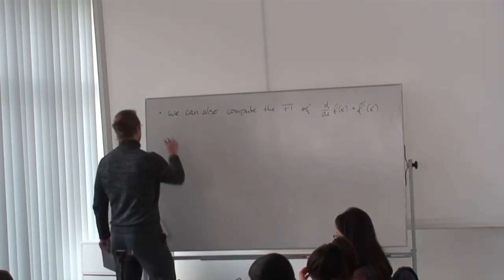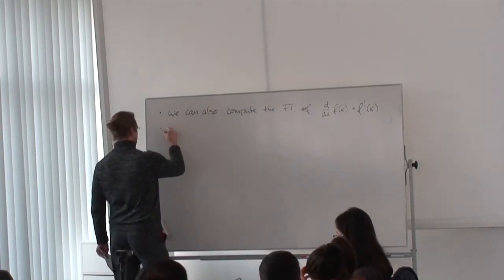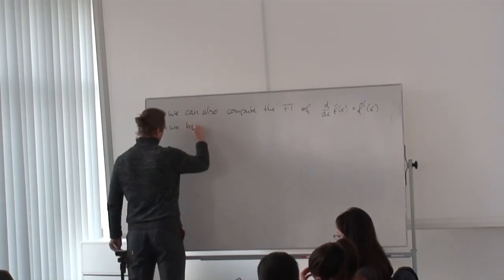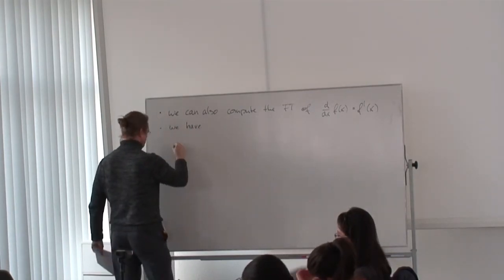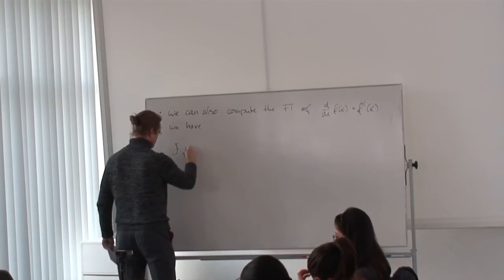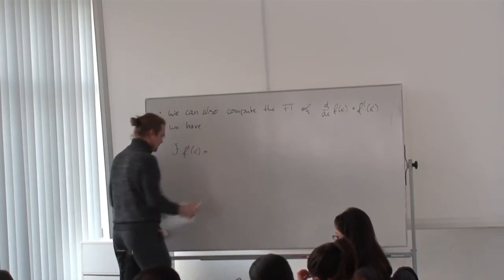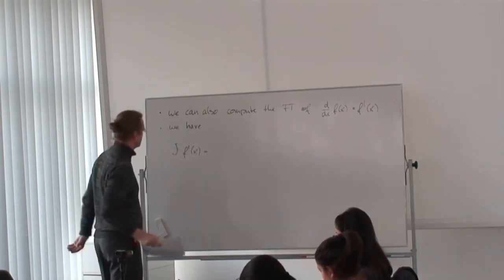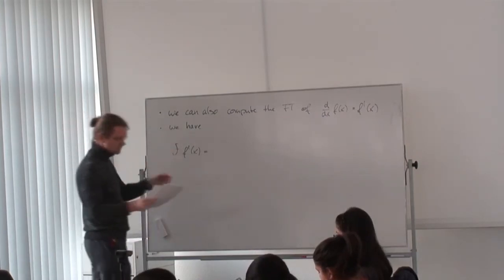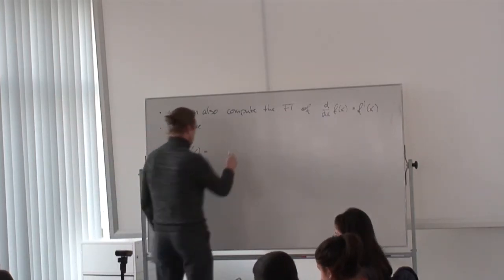Right? Now let's look at what's happening here. We apply the Fourier transform to f prime of x, and then we just plug in everything we now have into the definition we met earlier on.